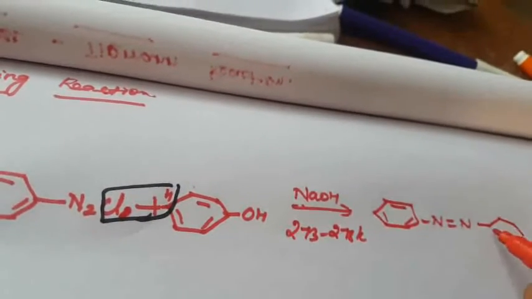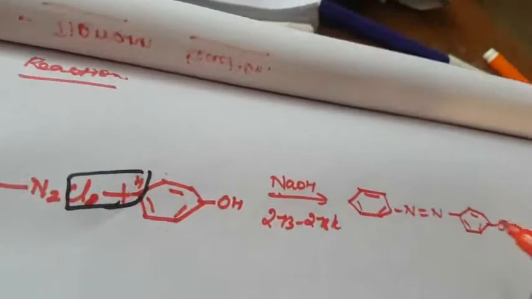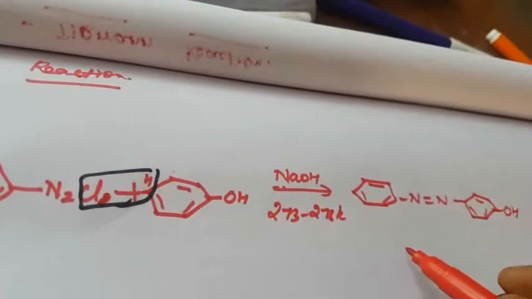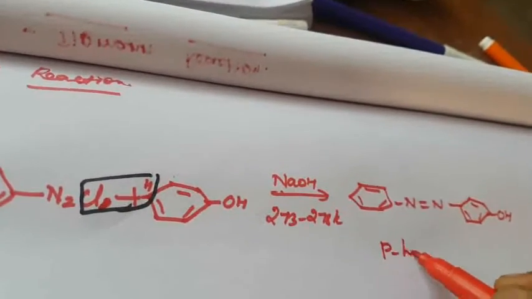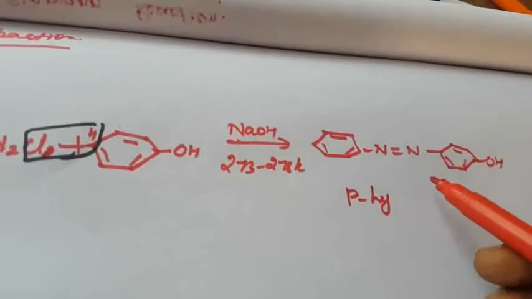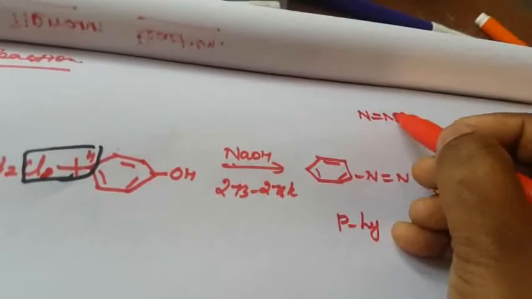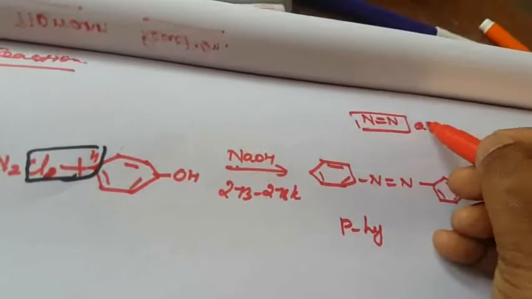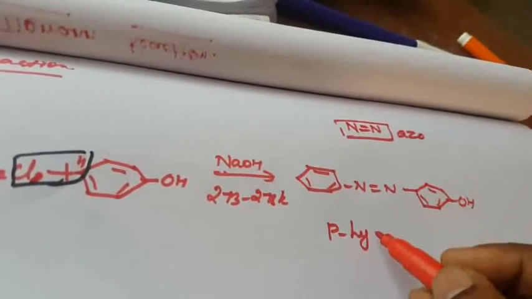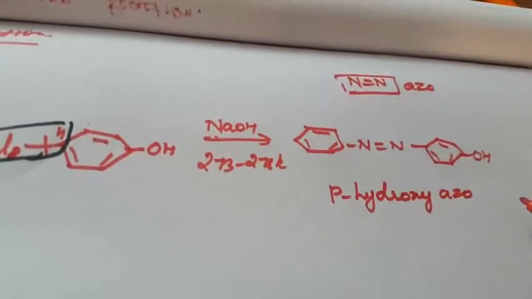Remaining benzene ring as it is, you draw the structure. Okay, so this is benzene, with para hydroxy. The hydroxy group is at the para position, para hydroxy azobenzene. This is N double bond N. This is called an azo compound. Okay, this is called para hydroxy azobenzene.